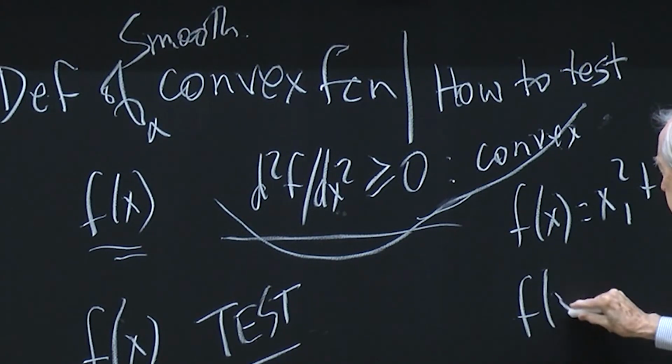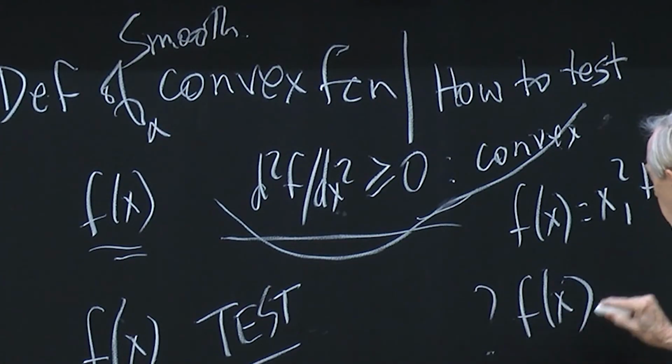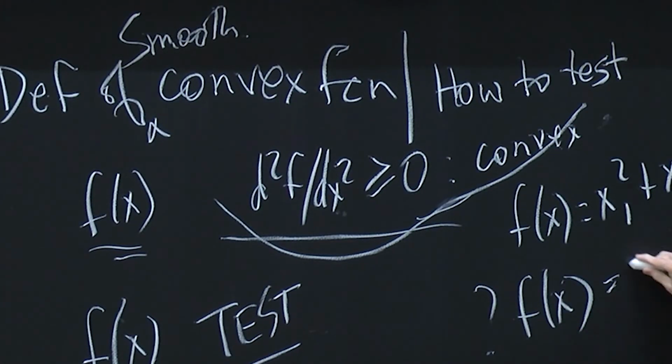Would it be passed by x transpose S x, with S a symmetric matrix? That would be a pure quadratic. Would it be convex?